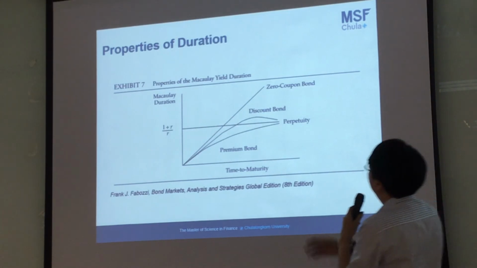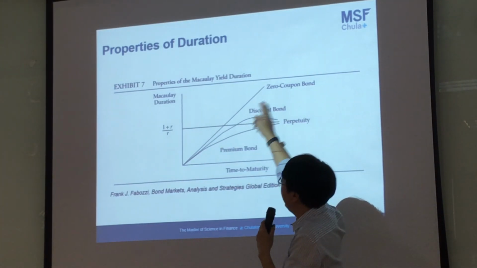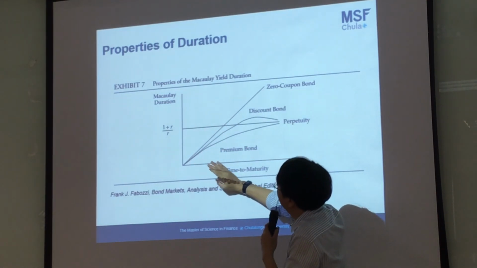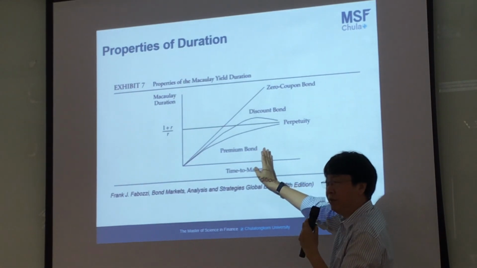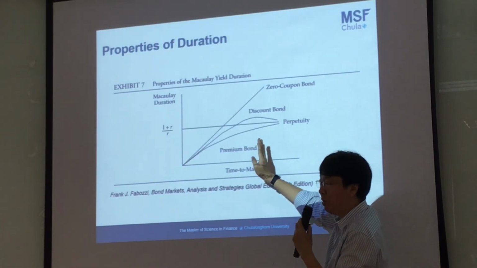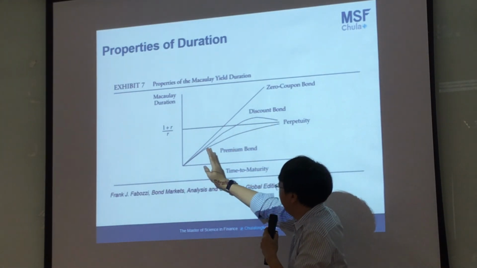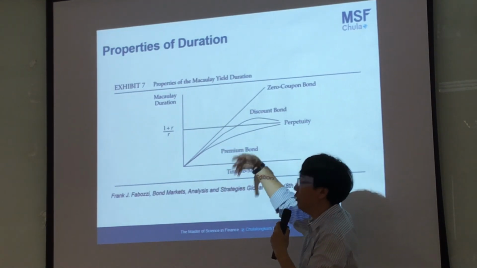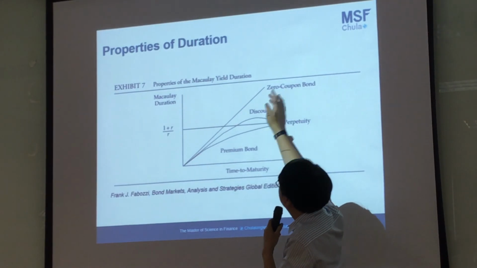You can see that for the zero coupon bond, as I mentioned, this is a 45-degree linear line. When the time to maturity of a zero coupon bond equals 10 years, the Macaulay duration will equal 10 years. The 5-year zero coupon bond's Macaulay duration is also 5 years. You get the 45-degree linear line here.